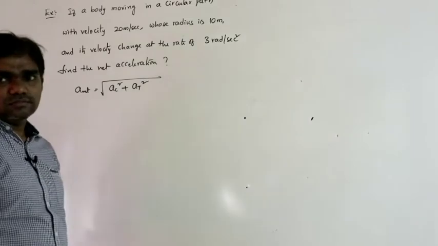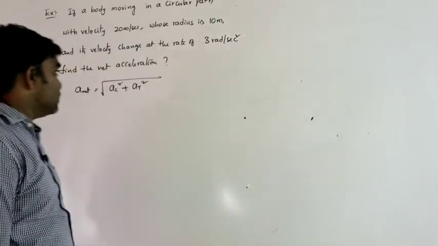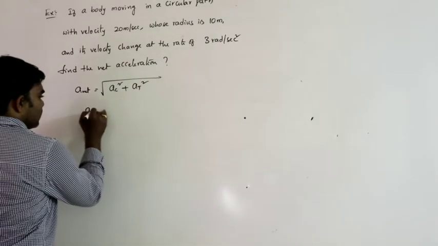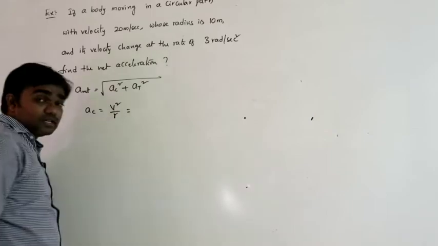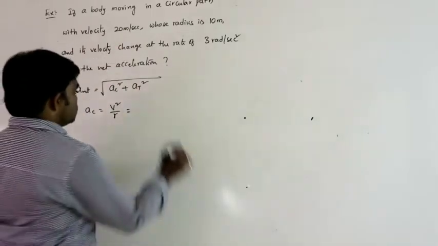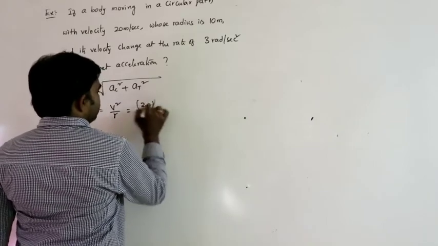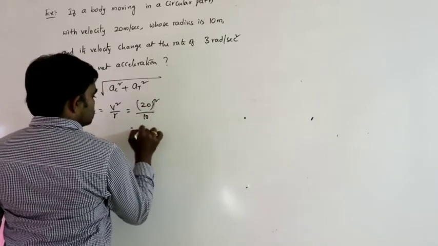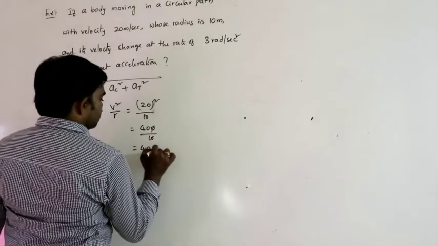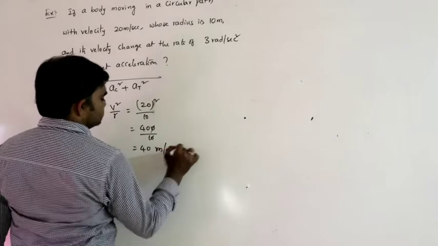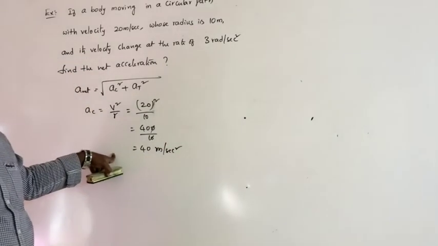In case of circular path, net acceleration we can directly write as square root of AC square plus AT square. But what is the value of AC? We can write V square by R, because velocity is given. The velocity is 20 meters per second. 20 whole square divided by 10, so 400 divided by 10, equals 40 meters per second square. That is the centripetal acceleration.